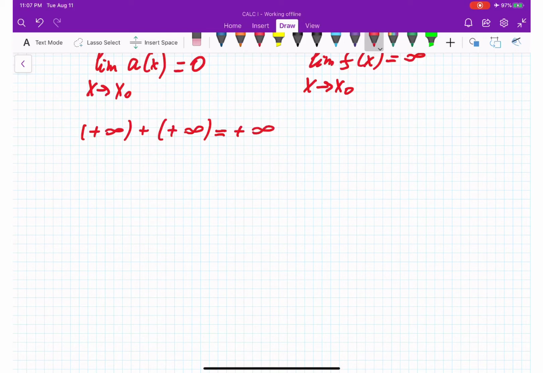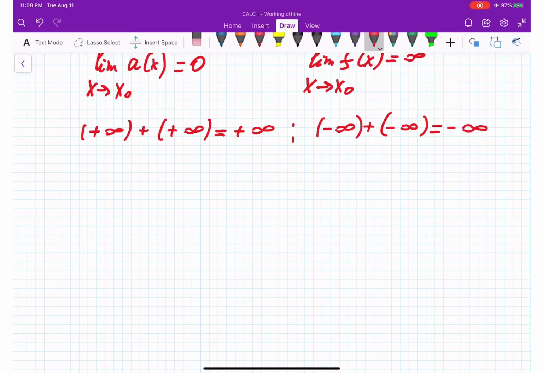Next, if you have negative infinity, adding another negative infinity, you are going to get negative infinity. For example, if I get negative 7 and negative 5, I'm going to get negative 12, right?